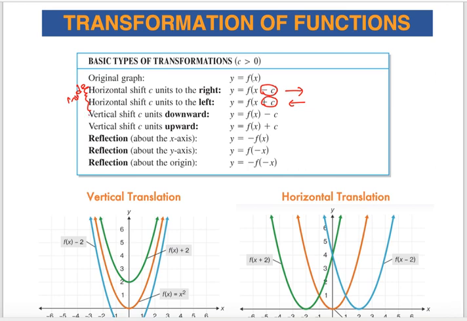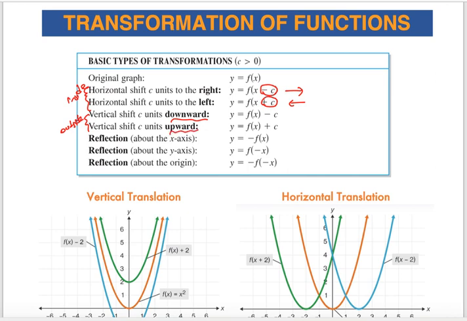On the other hand, vertical shift changes the outside. It doesn't affect the inside. We will add or subtract at the end of the function. Our original function is f of x. If we are going downward, then we will subtract c after writing f of x, at the end of f of x.